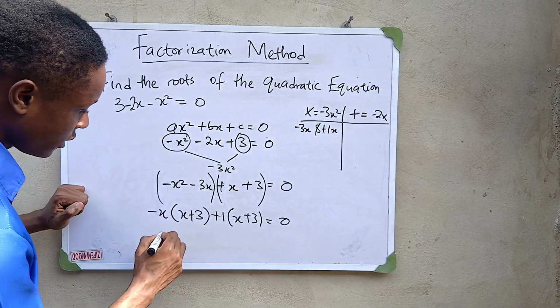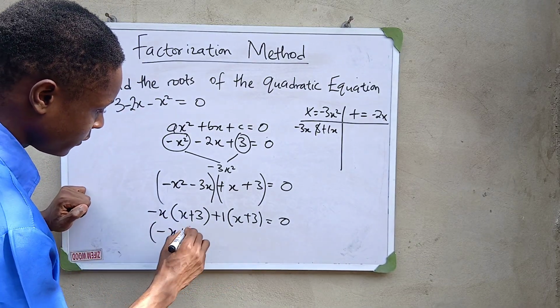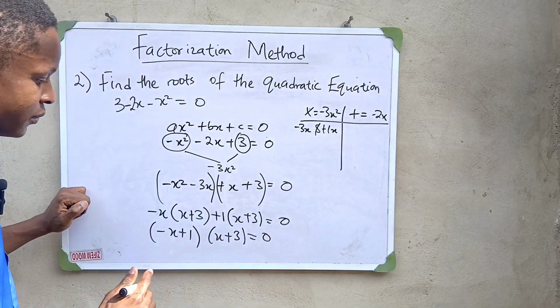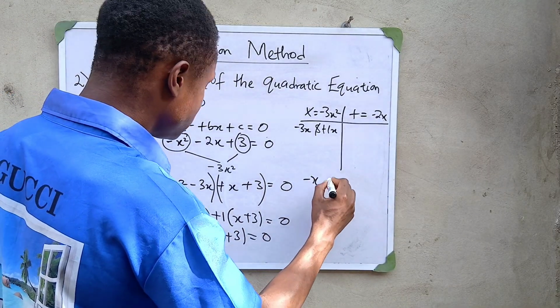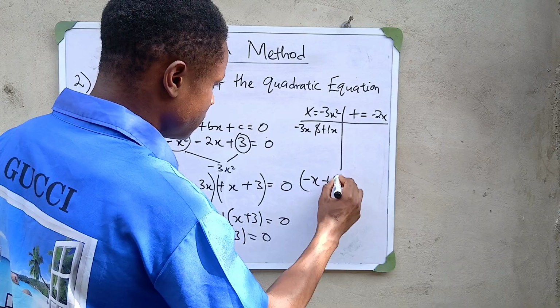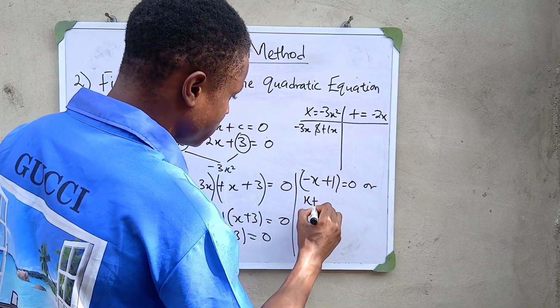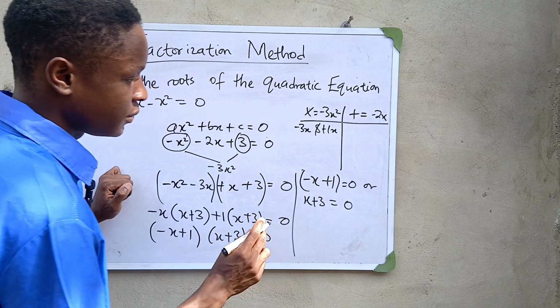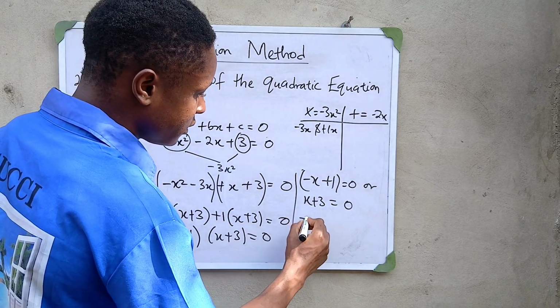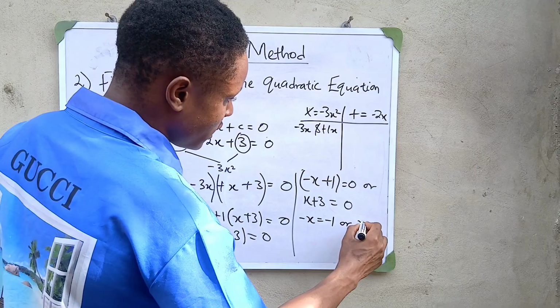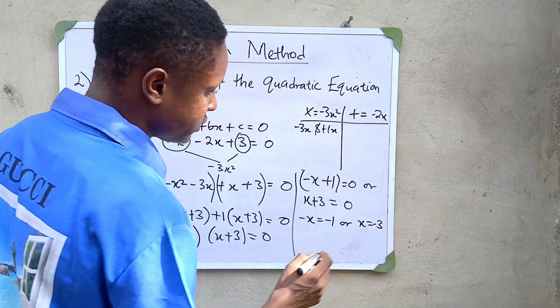We'll pick 1: minus x plus 1 times x plus 3 is equal to 0. So we'll say minus x plus 1 is equal to 0, or x plus 3 is equal to 0. So we'll have minus x is equal to minus 1, or x is equal to minus 3.